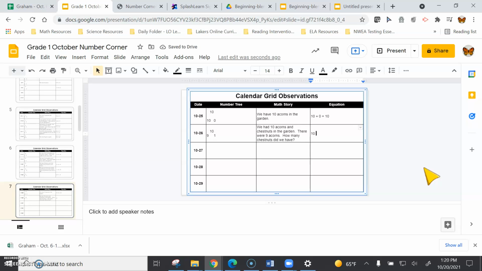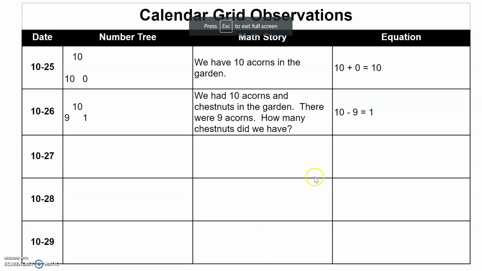There were 9 acorns. So how many chestnuts would we have? If we had 10 all together and 9 of them were acorns. You're right. If you said the number 1, I want you to see that. 10 minus 9 equals the number 1.